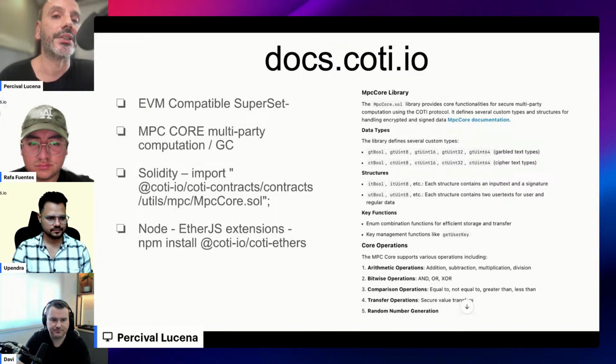The Cody network, as I said, is an EVM-based blockchain, and it can be considered a superset of Ethereum because you can use all the existing tools and all the existing knowledge you have on Ethereum apps, but there are some new things to learn.